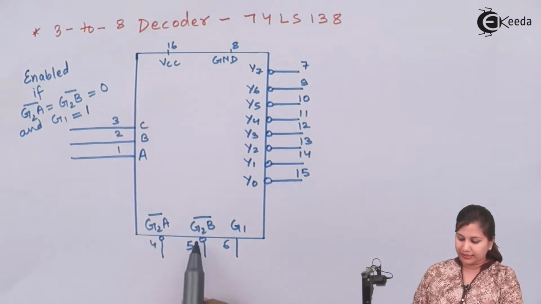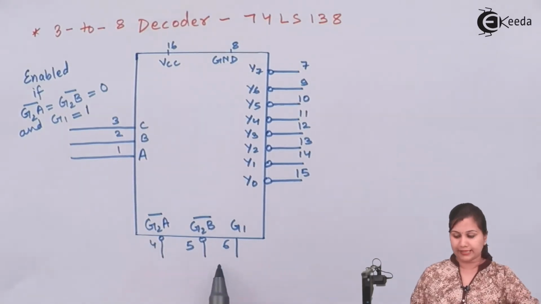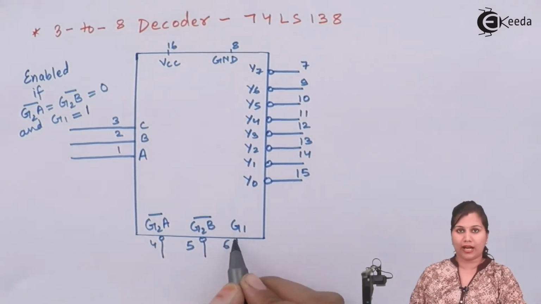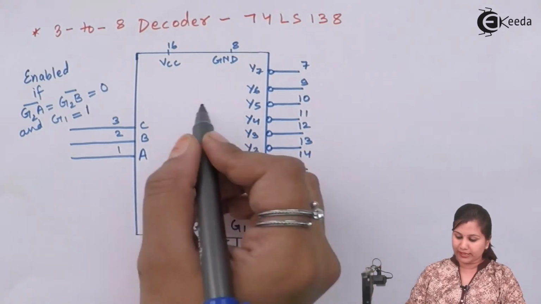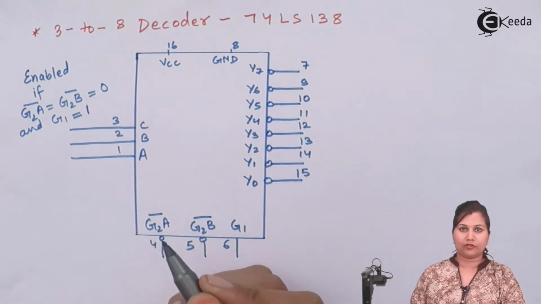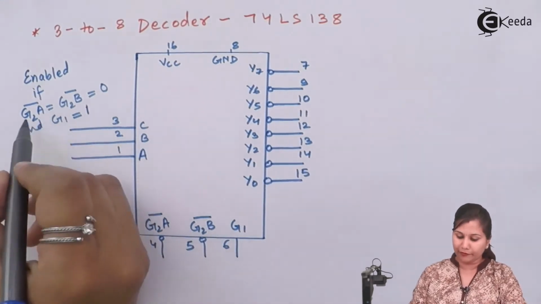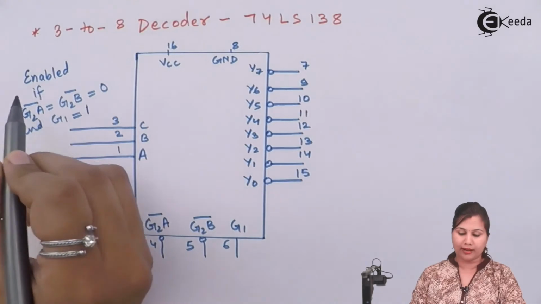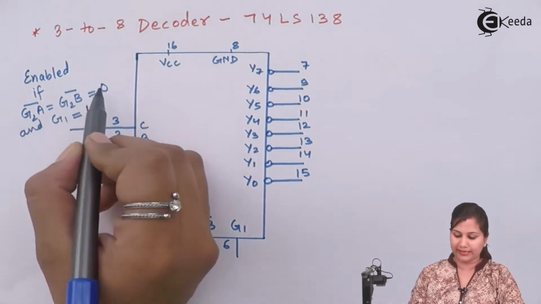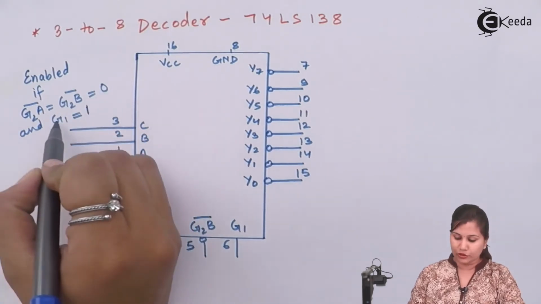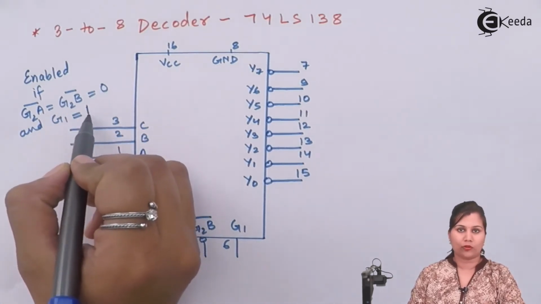So you can see that in these enable input lines, one is active high and the other two are active low. So this device will be enabled if the G2A bar and G2B bar, these two active low enable lines, are 0, and the G1 enable line is 1.